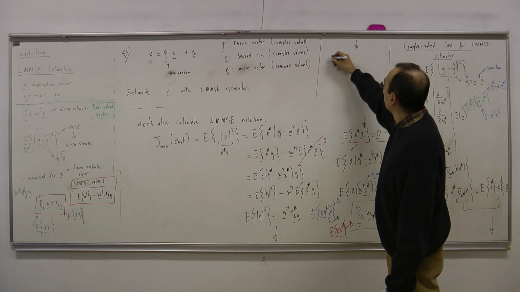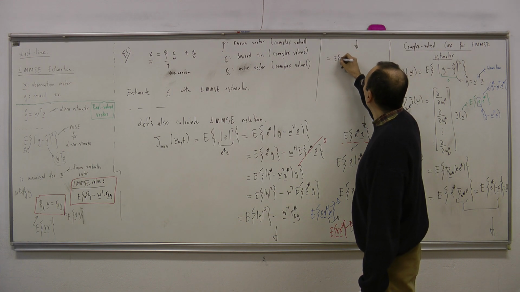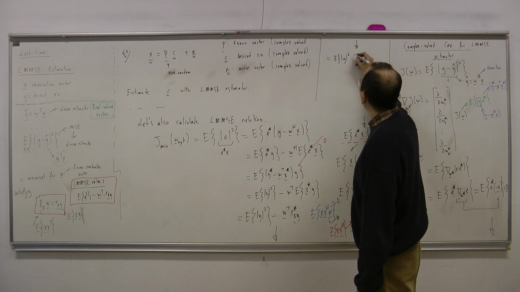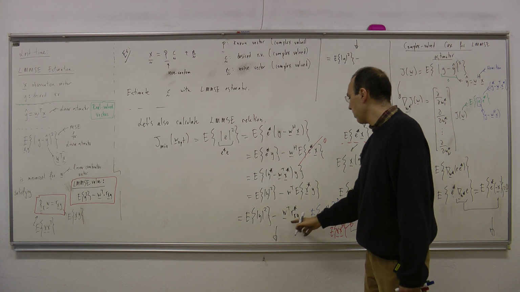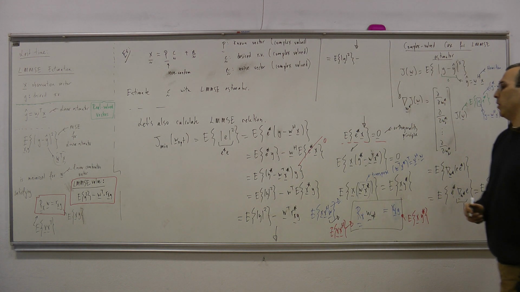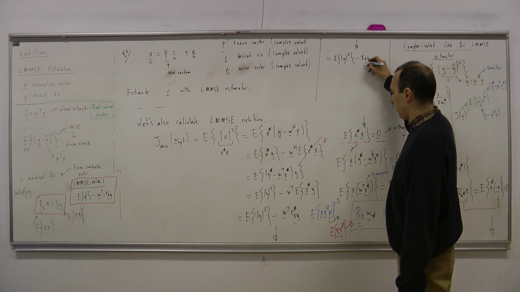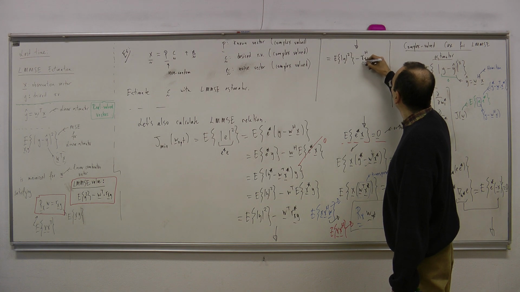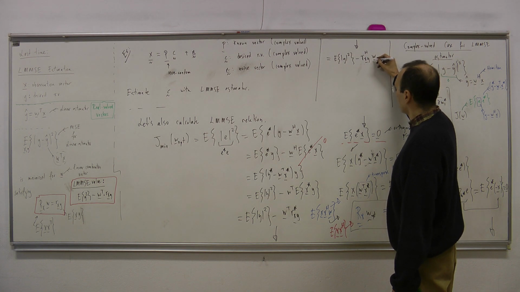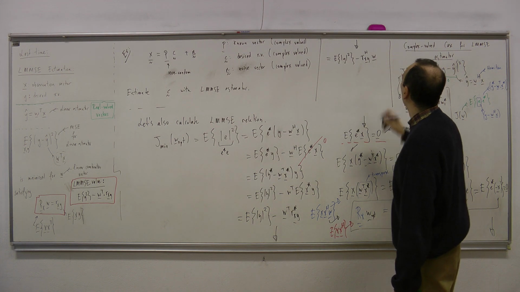I'm going over here. So this is expected value of y square minus, now if I take the transpose of this one more time, Rxy Hermitian times, this is W, okay?